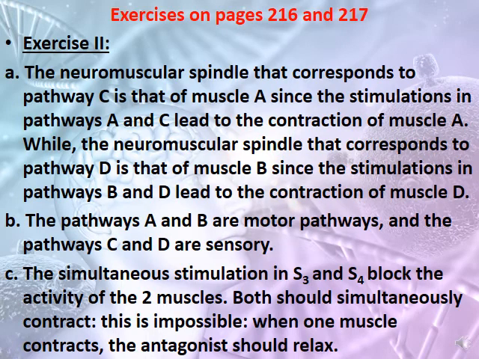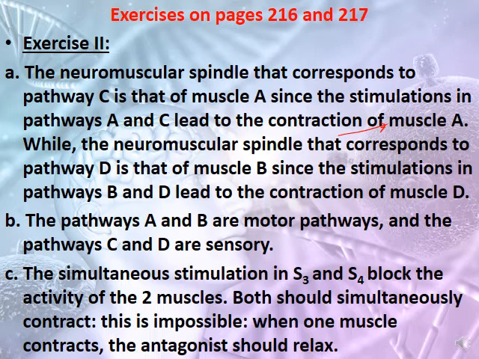Move to the solution. Exercise number 2, the neuromuscular spindle that corresponds to pathway C is that of muscle A. So the stimulations in pathways A and C lead to the contraction of muscle A. While the neuromuscular spindle that corresponds to pathway D is that of muscle B. So the stimulations in pathways B and D lead to the contraction of muscle B. Part B, the pathways, as we said, A and B are motor, while C and D are sensory.